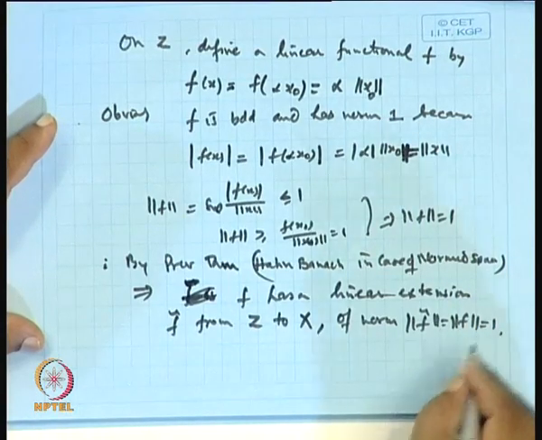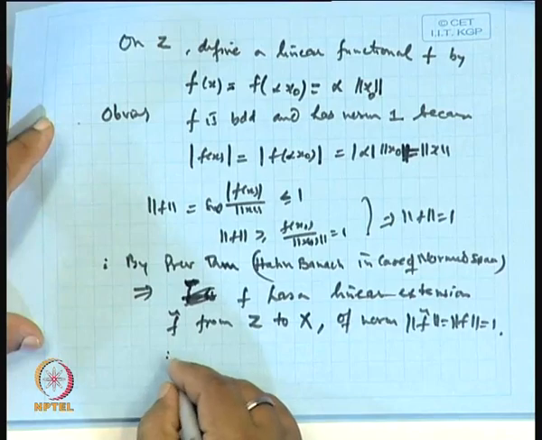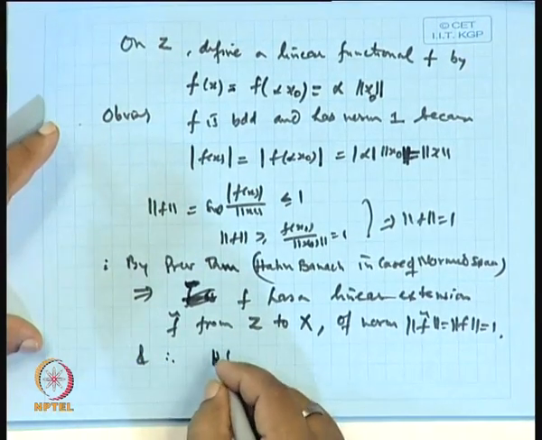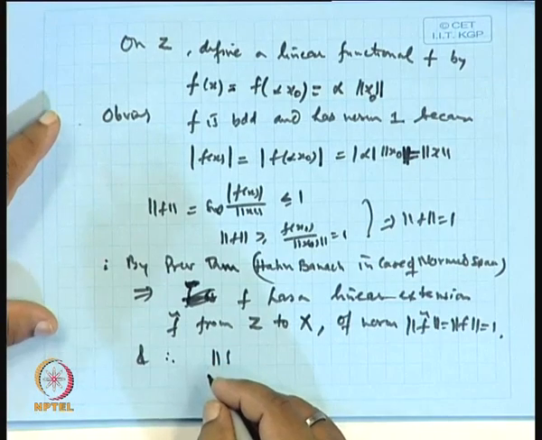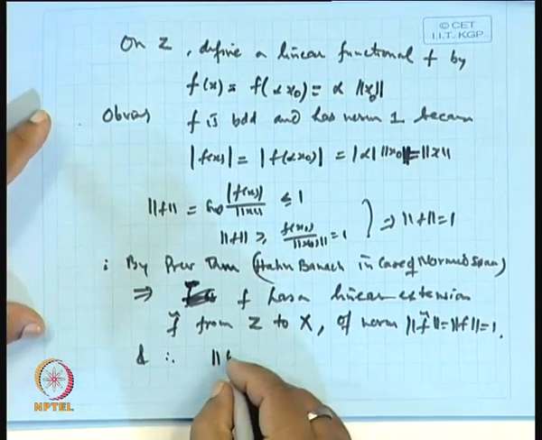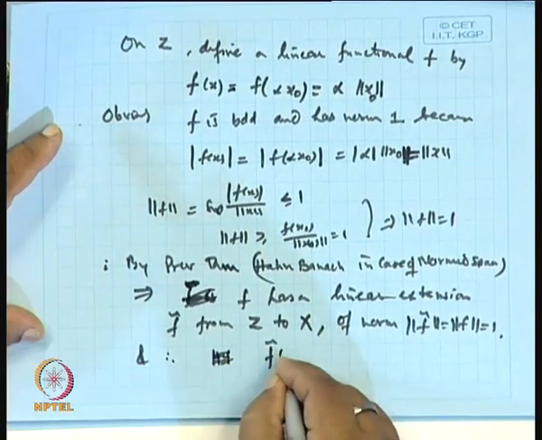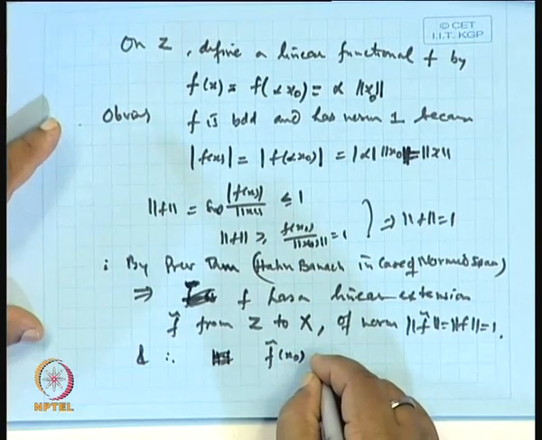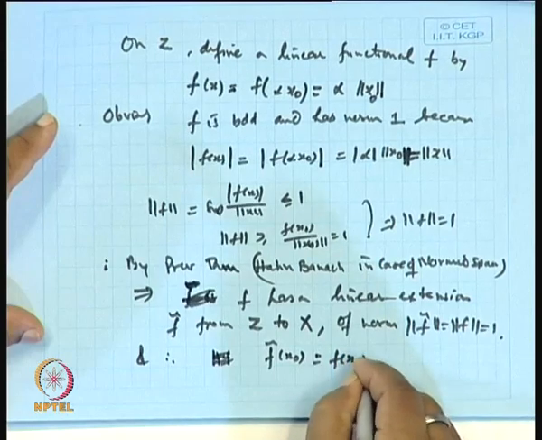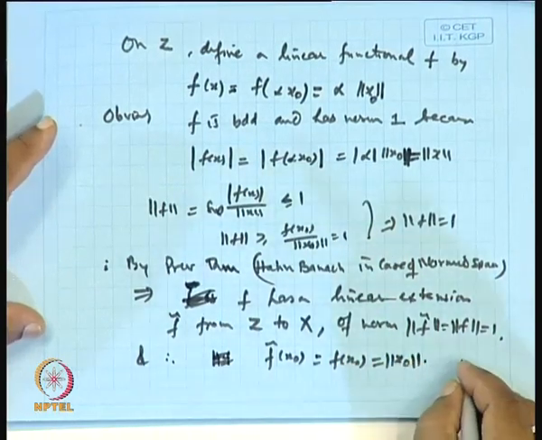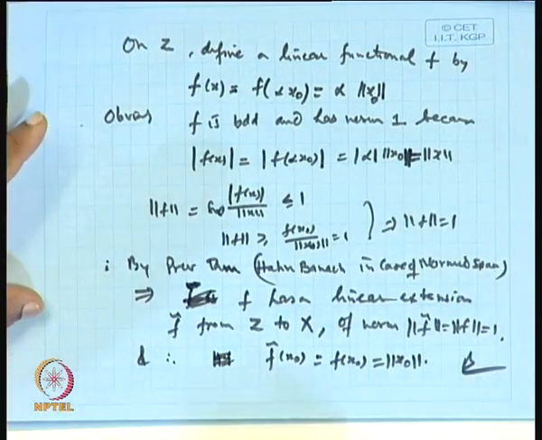And if I take f_delta at x naught, then f_delta(x naught) will be equal to f(x naught), which is equal to norm of x naught, and this proves the result.